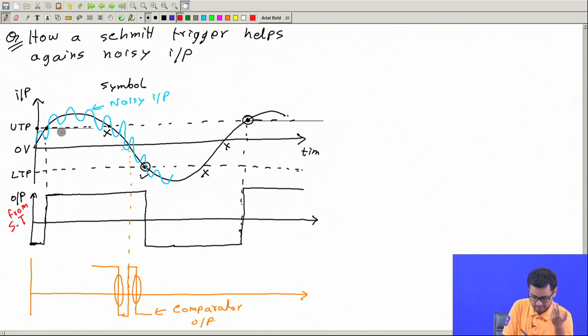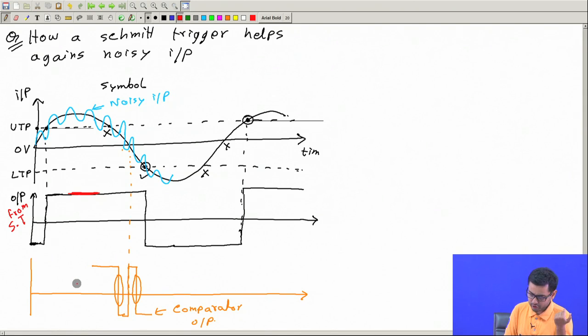It's logical because the input is sufficiently high, even above the upper trigger point. So definitely at this point the output will be positive, because the input here is always above the upper trigger point.